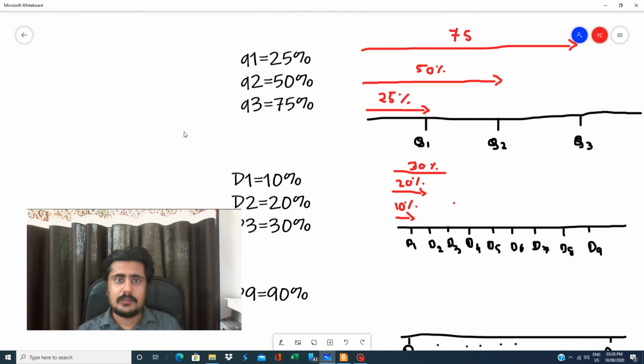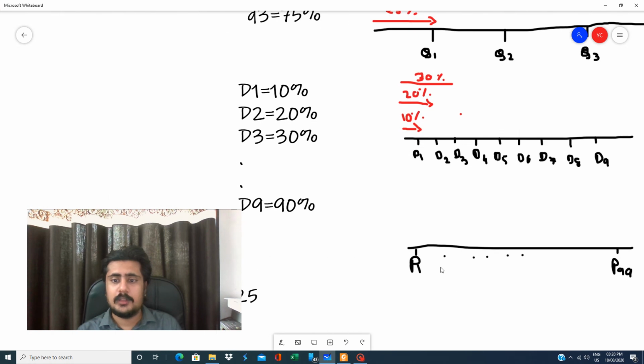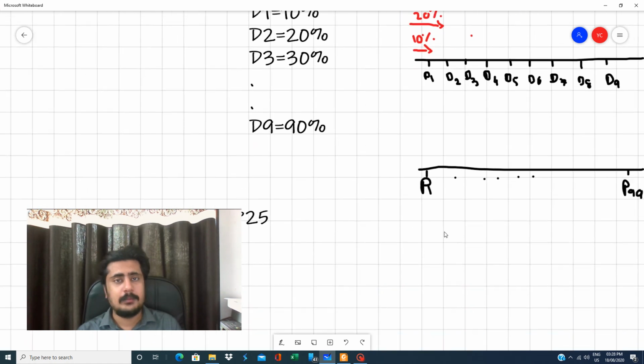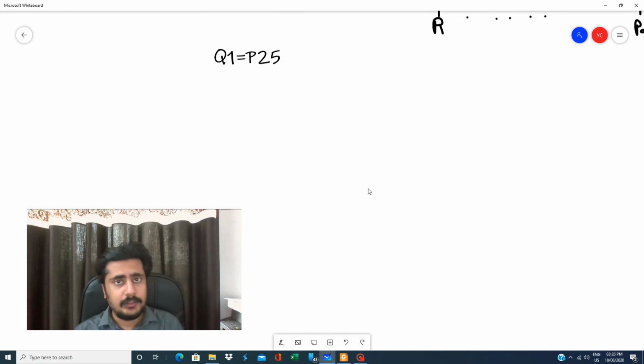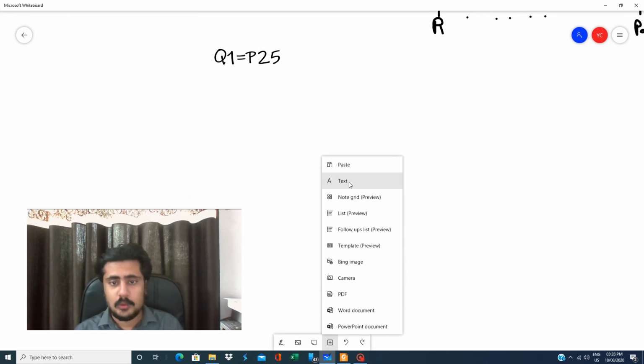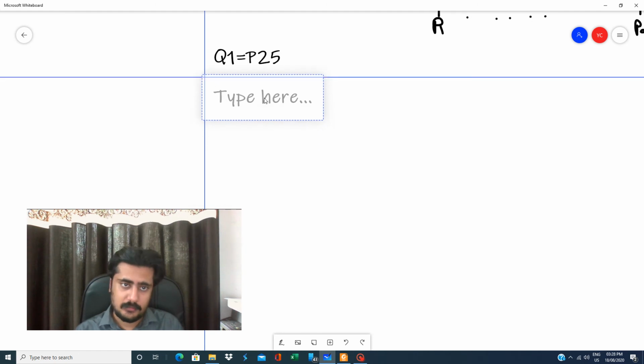As I told you, every P percentage covers the same. So if you find Q1 or you find P25, doesn't matter, both will always, I repeat, always match.